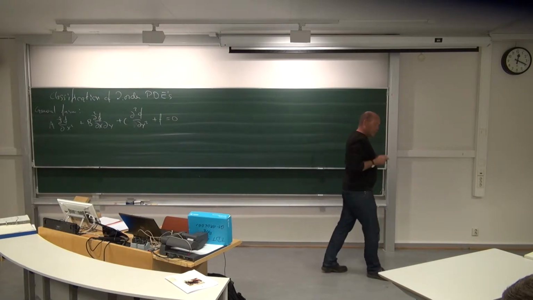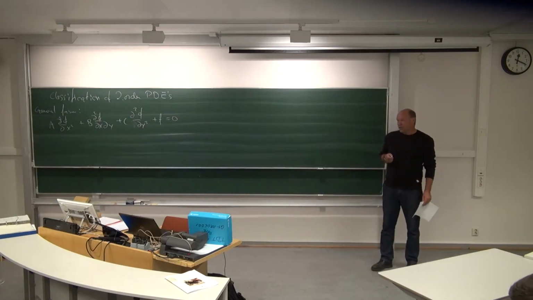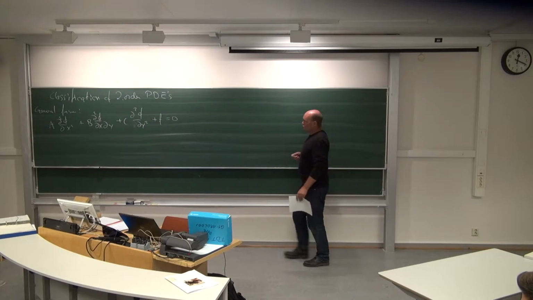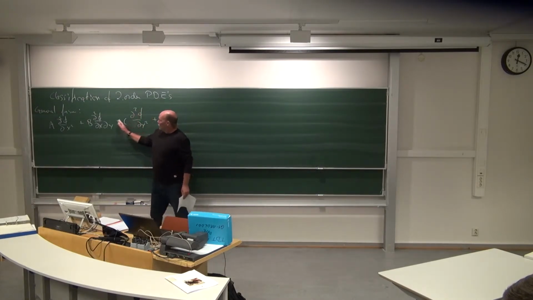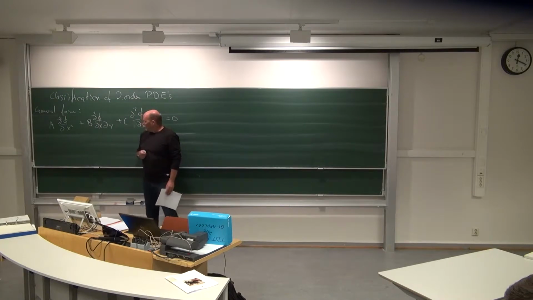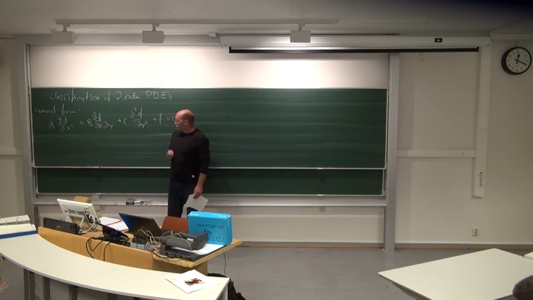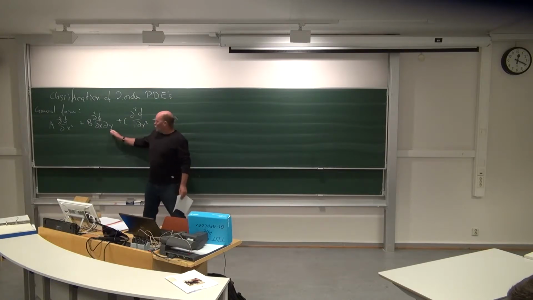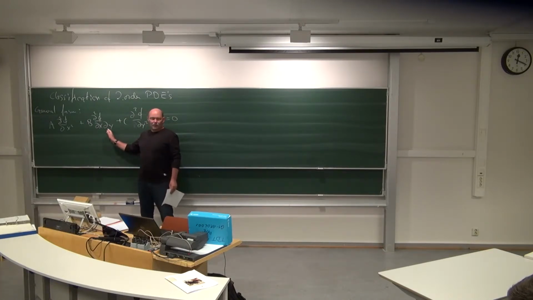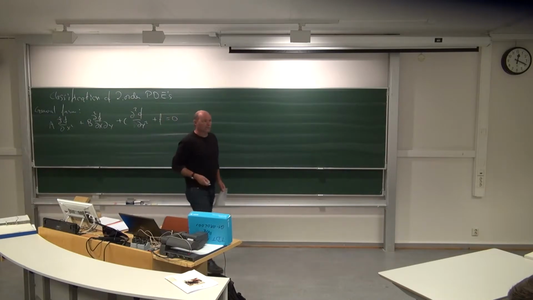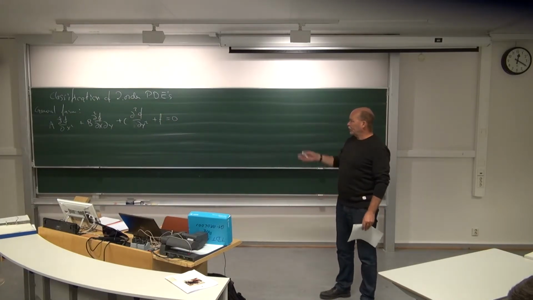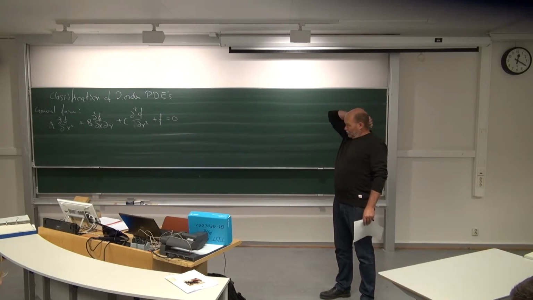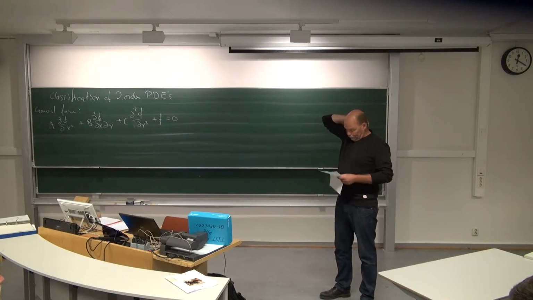This function f should not contain second order derivatives or higher order, of course not. I'll limit myself here to 2 dimensions, but remember that x and y don't necessarily have to be space. One of them could be time, for instance. So it's a very generic form, so don't limit yourself to anything.